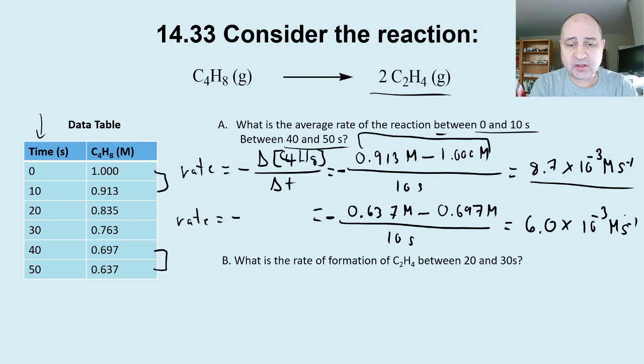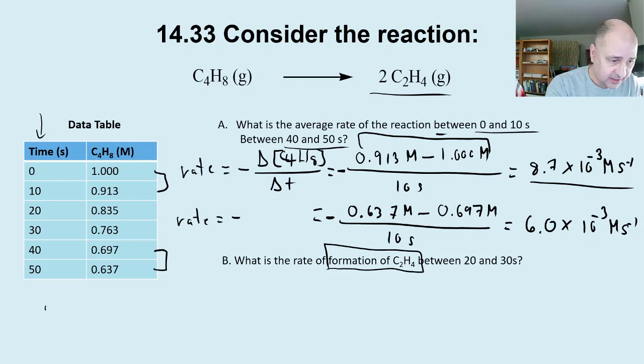And now I'm going to ask, what is the rate of formation of C2H4 between 20 seconds and 30 seconds? So now you've got to be careful what it's asking for. It's asking for the rate of formation, which is of course related to the rate we can calculate.